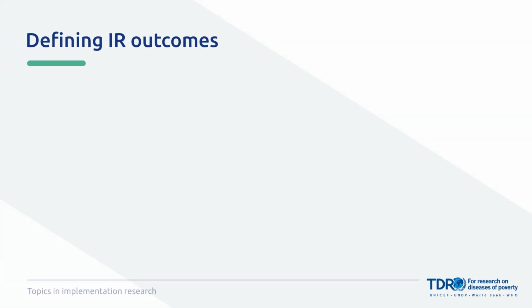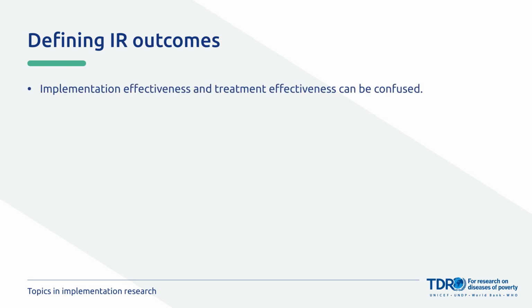Let's start by defining implementation research outcomes. People sometimes mix up implementation effectiveness with treatment effectiveness. The difference between the two is that implementation effectiveness goes beyond just measuring fidelity or checking if something is done according to plan.